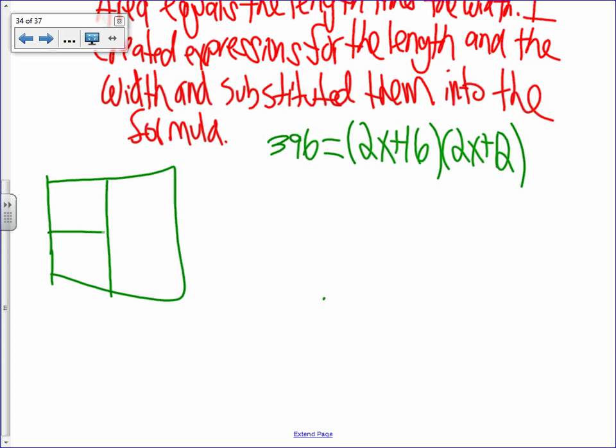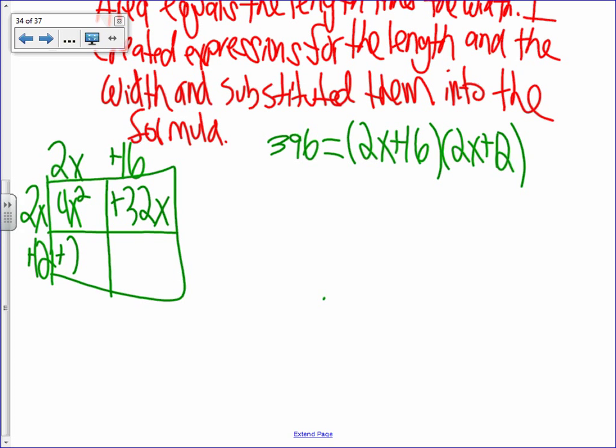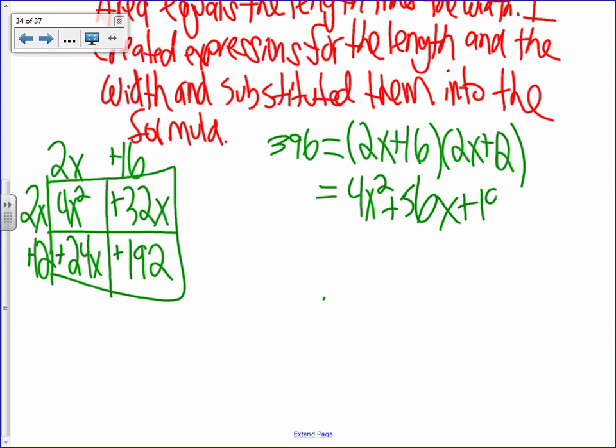Whenever I'm multiplying polynomials, I use the box. 2x plus 16, 2x plus 12, 4x squared plus 32x plus 24x plus 192, I think. Combine like terms, I get 4x squared plus 56x plus 192 equals 396.